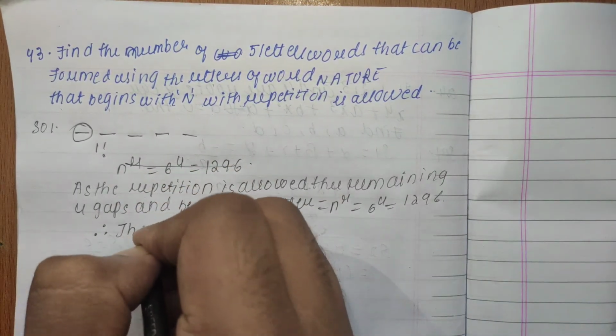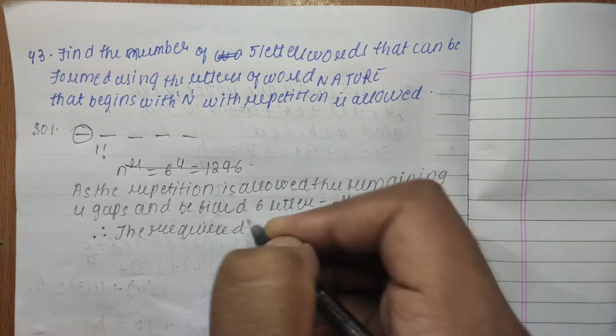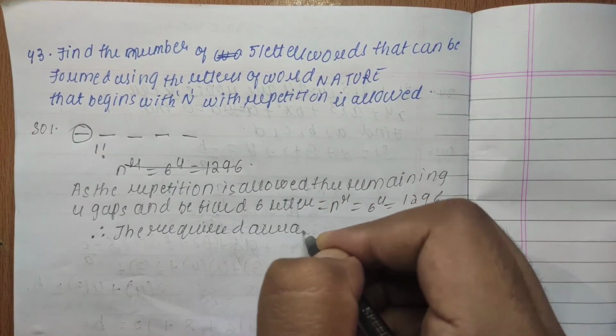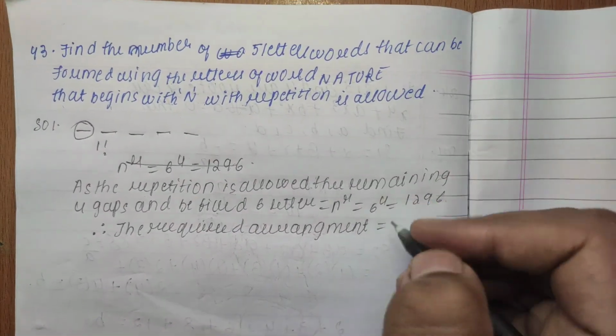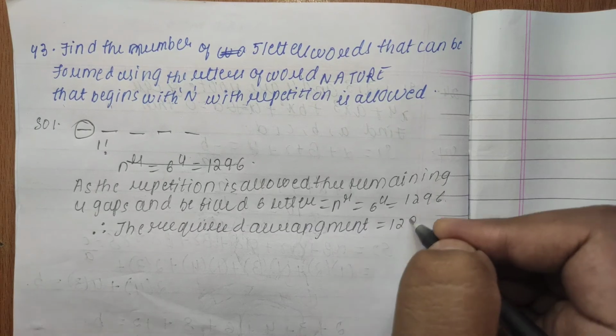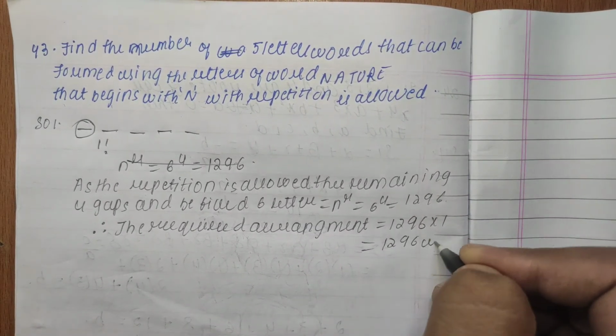Therefore the required arrangement is 1296 into 1, that is 1296 ways.